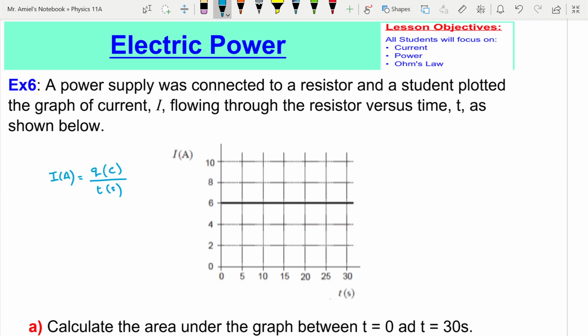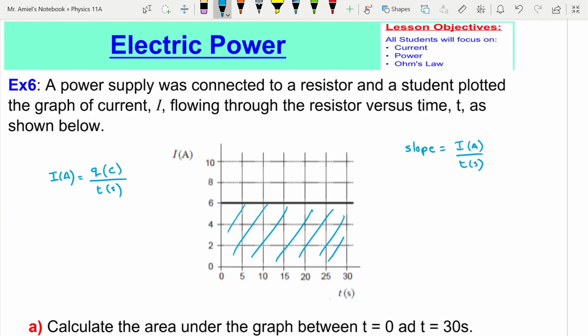So if we're looking at the area under this graph, now if we go slope, which is rise over run, rise is going to be current in amps over time in seconds.